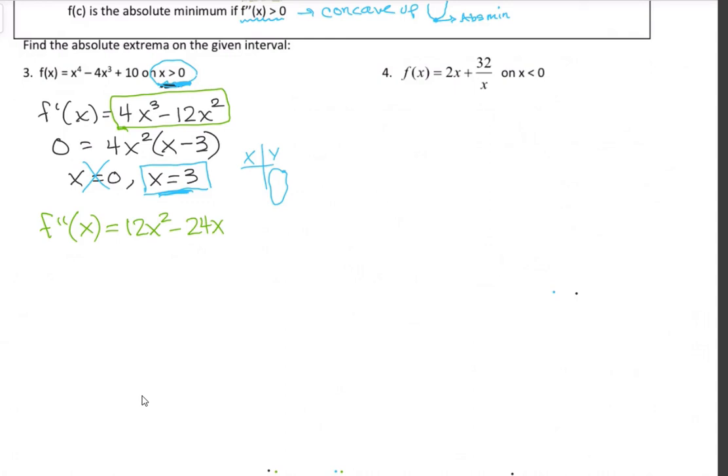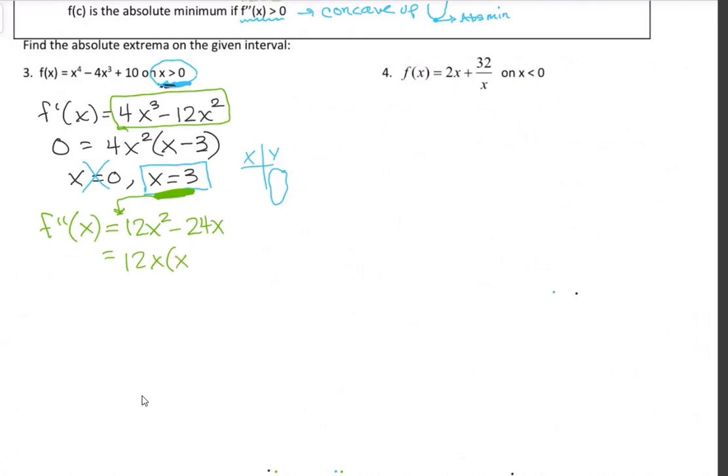What I want to know now is if I plug this one critical value from my first derivative into the second derivative, will I get a positive result or will I get a negative result? Now, if I have a calculator handy, I could just plug my 3 into that form of my second derivative. Or if you do want to factor it, sometimes that makes the math easier.